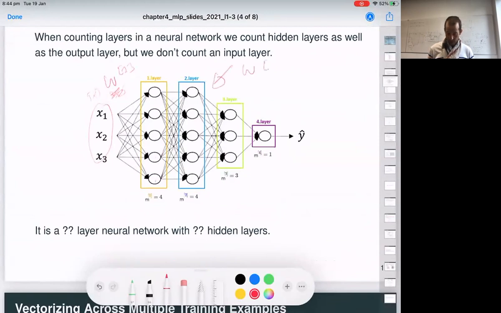And for this one, can you tell me? It's a good point. This is W1, W underscore 3. What is the dimension? Everybody agree with Jade?